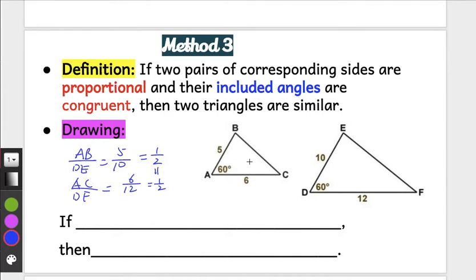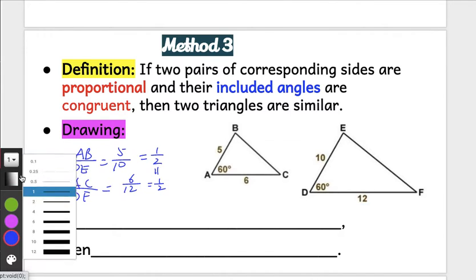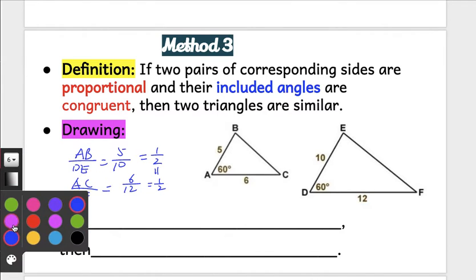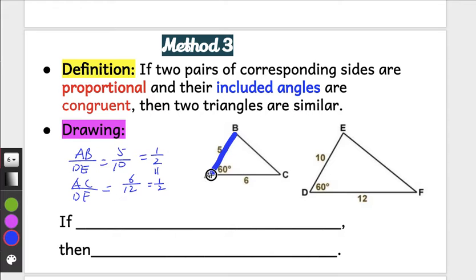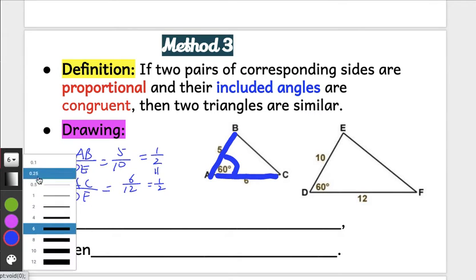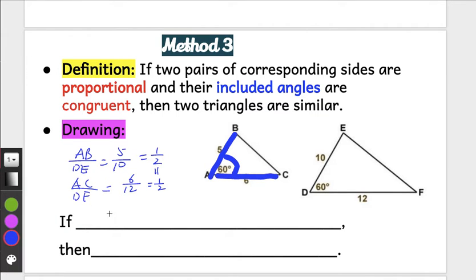And then for the included angle, as you can see, this time I'm going to use a bolder line here again. There are two sides, and the included angle is here. That's why their included angles are both 60 degrees, so they are congruent. Let's write down the conclusion. We know AB over DE equals AC over DF, the same ratio.